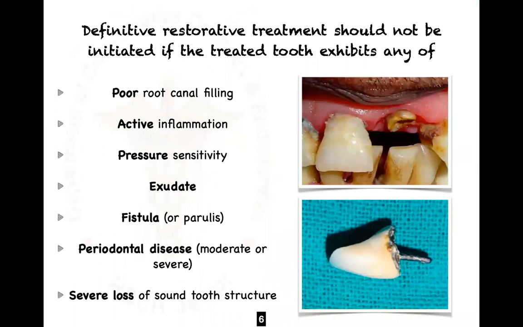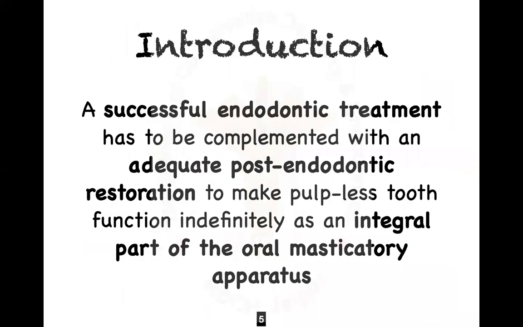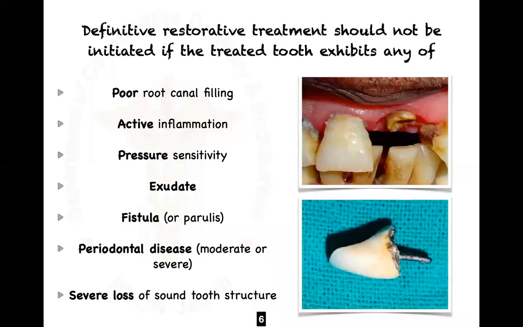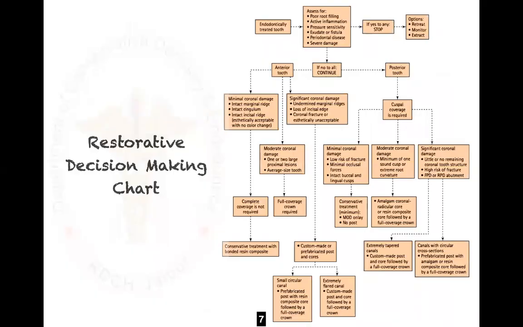So we basically, I told you, started from where all you are not supposed to initiate the treatment. These were the factors. Then this is a very, very beautiful decision making chart, which is absolutely based on कितनी walls are remaining, how many marginal ridges are there, if the cingulum incisor ridge is intact or not in cases of anterior.